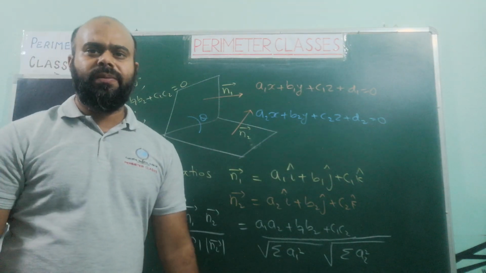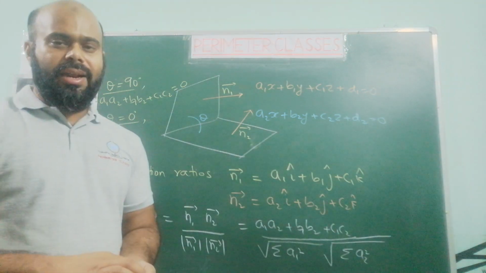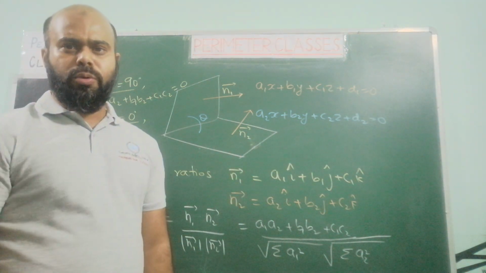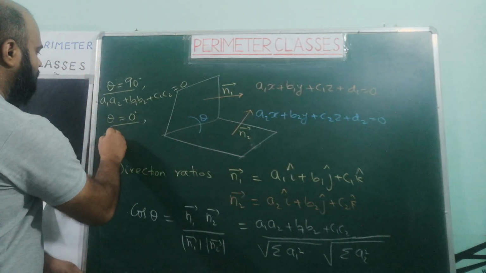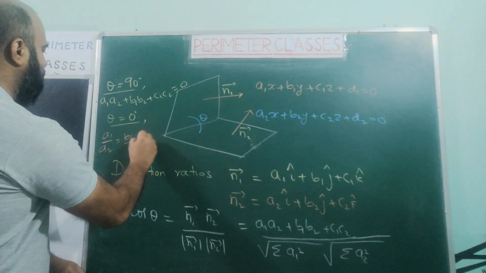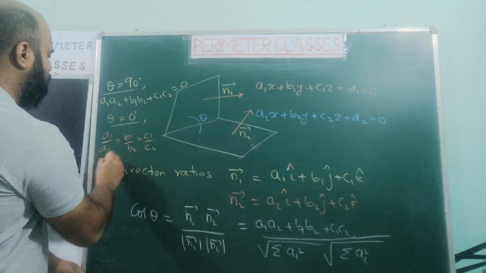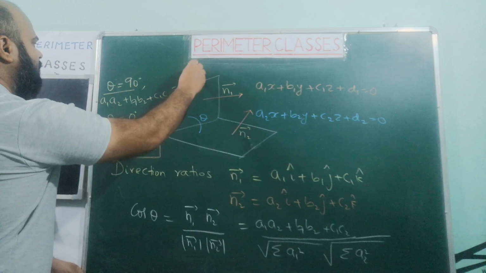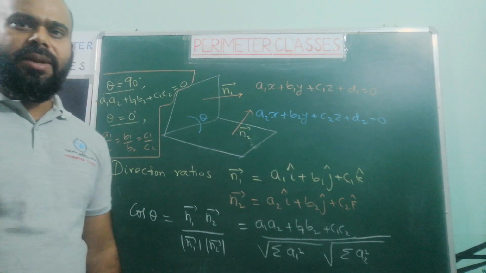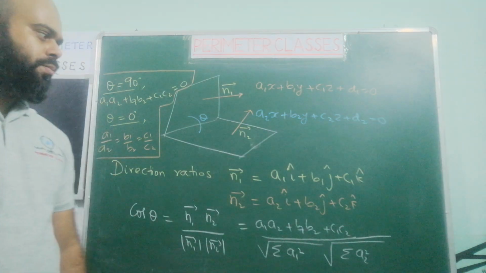In that situation, we know that if there are parallel normals on the two planes, then their direction ratios are proportional. So we can say a1 by a2 is equal to b1 by b2 is equal to c1 by c2. So these are two special cases when the planes are perpendicular or when the planes are parallel.